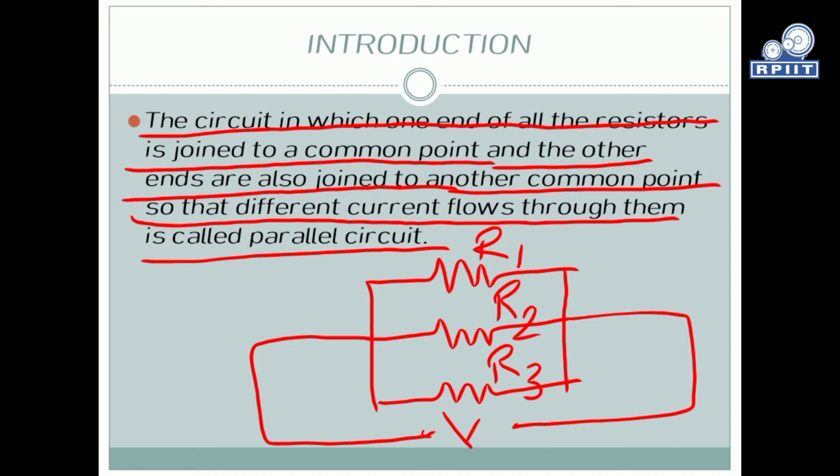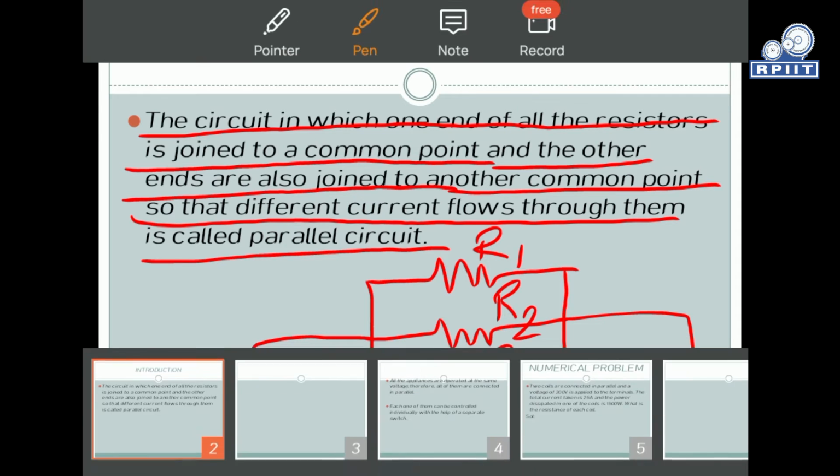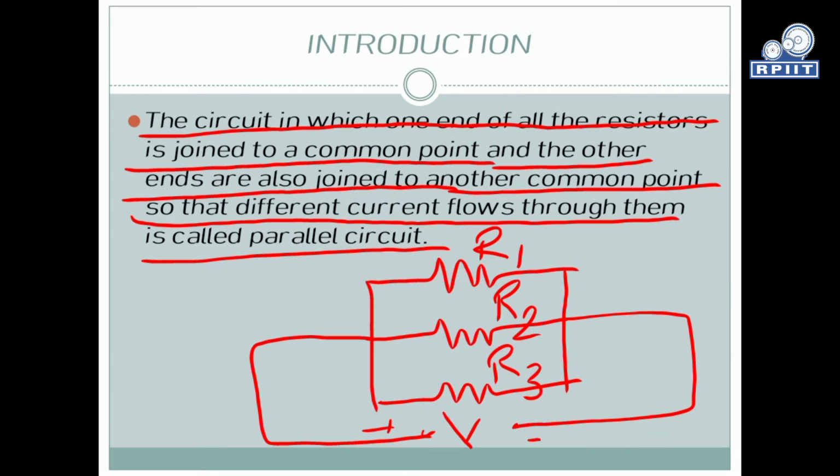Here we will apply the voltage, with plus and minus terminals of a battery source. Now the voltage V is applied to the circuit and current will flow through this. At the junction point, the current will divide.